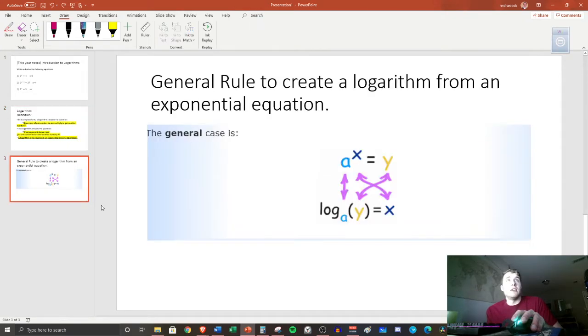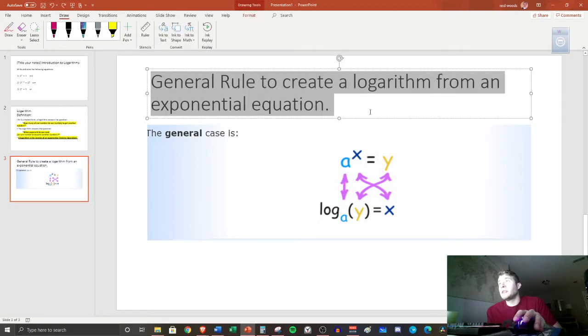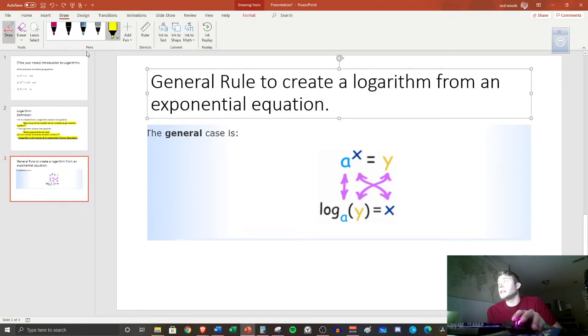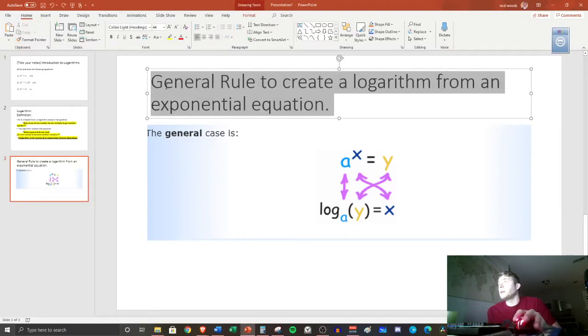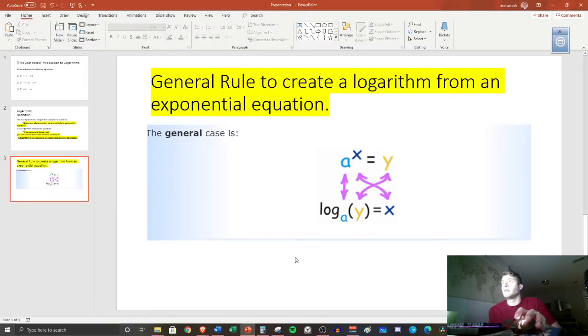All right, so here is our general rule. I need you to write this right here. I'll even highlight it so that you know exactly what I want you to do. So right up here, write that general rule to create a logarithm from an exponential equation.